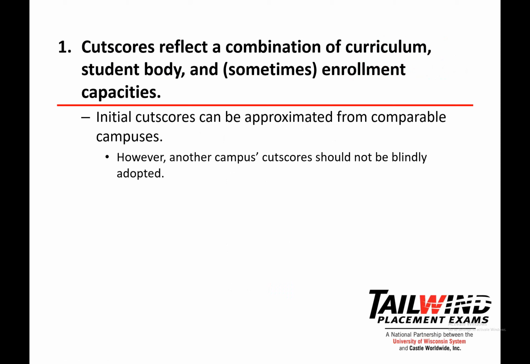However, you really shouldn't be blindly adopting another campus's Cutscores, because if you take Cutscores from a campus that is dissimilar to yours in terms of students and or curricula, then their Cutscores will not be appropriate for your use. And if the Cutscores you're using are not appropriate, then it's going to appear as though your placement test is not working very well, when in fact the misplacement is due to an incorrect Cutscore decision-making process.